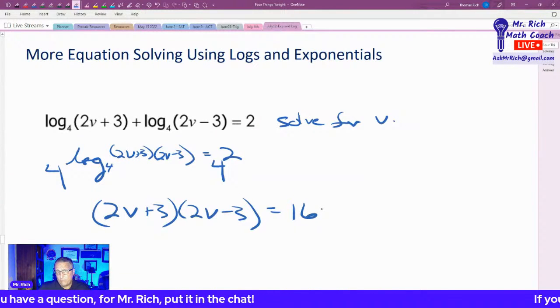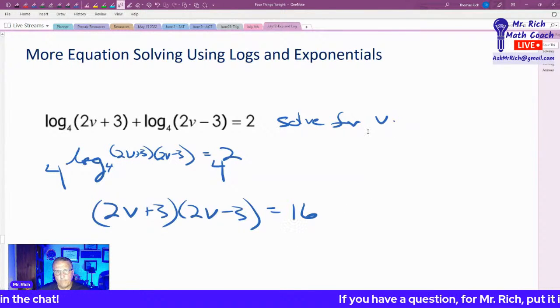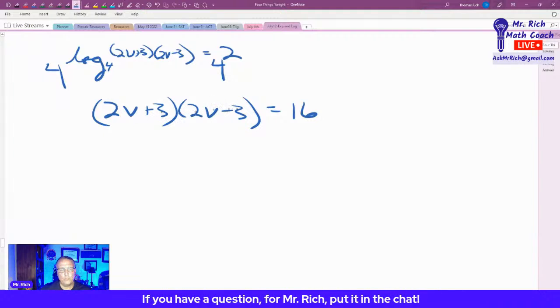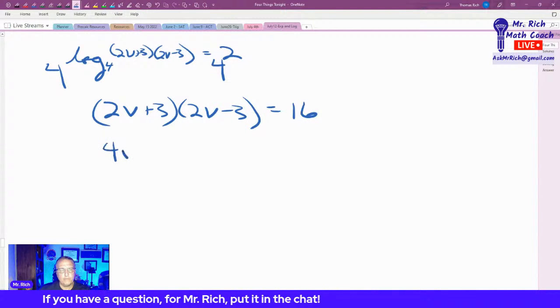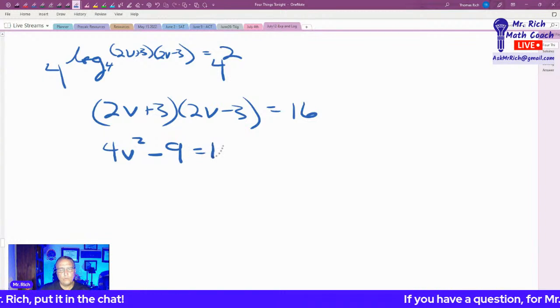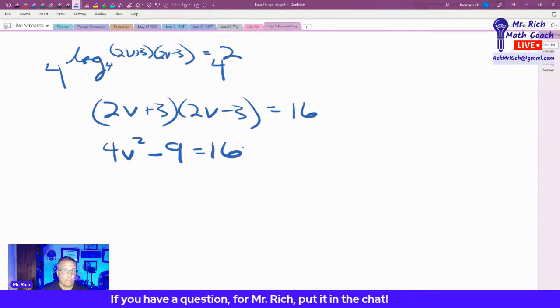Now I've gotten rid of the logarithms, and it's just a basic algebra problem. I'm going to solve this by multiplying this out. These are two conjugates, so this is going to be 4v squared minus 9 is equal to 16. I can use the square root property to solve this.